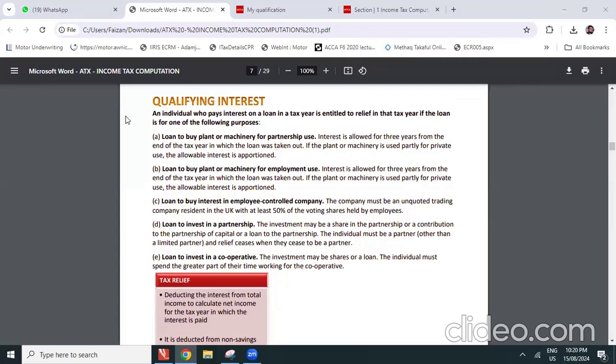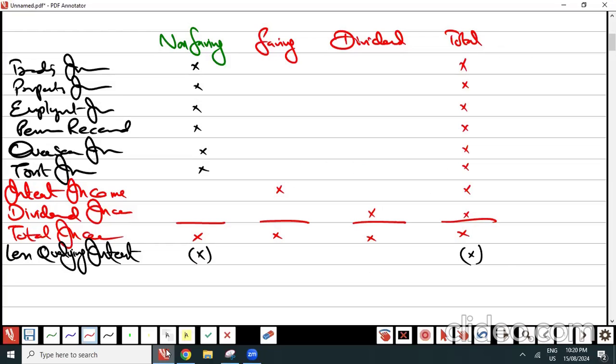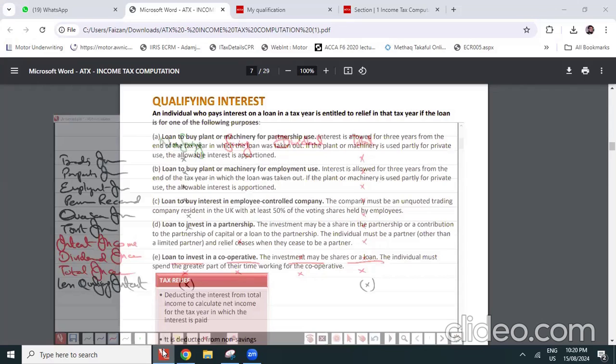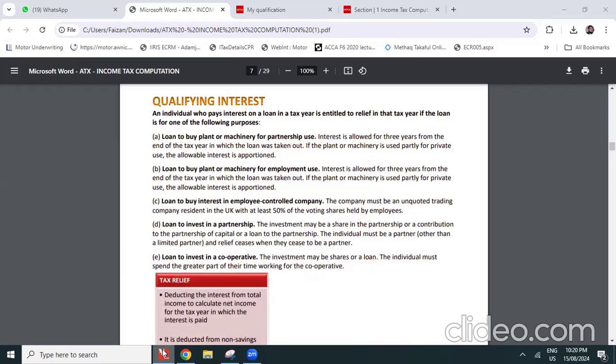What is going to be? Qualifying interest. And qualifying interest is going to be deducted from your total income. Deducted from where? Total income.